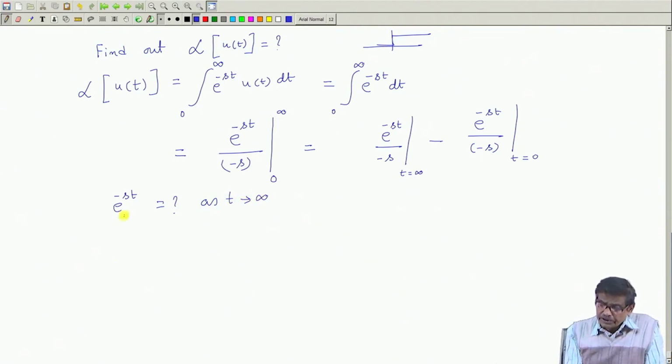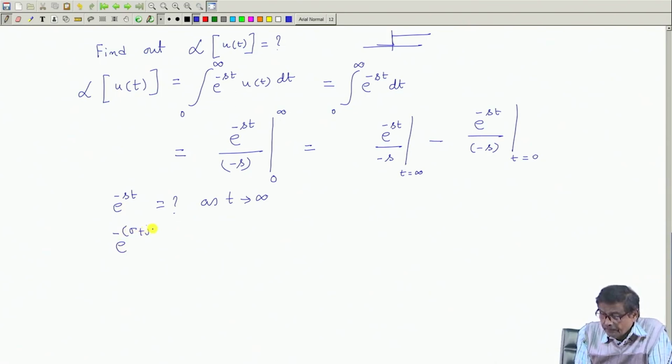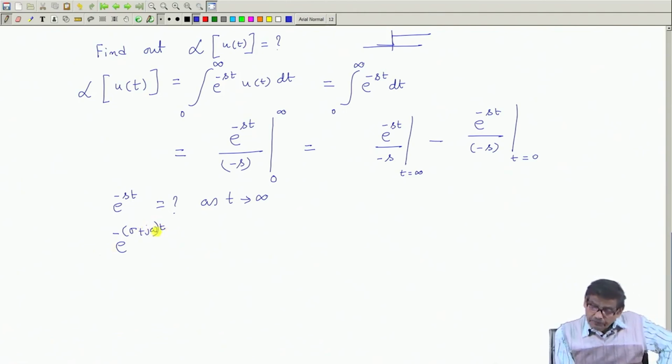As I told you, e to the power minus st will be e to the power minus (sigma plus j omega) into t, is not? That is what I told. Yes, I have to evaluate the value of this as t tends to infinity.